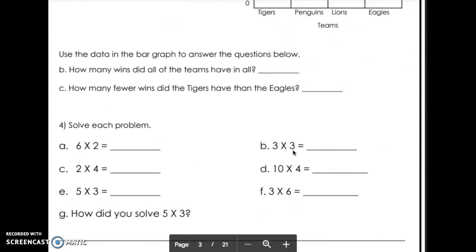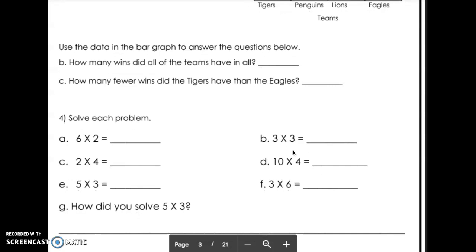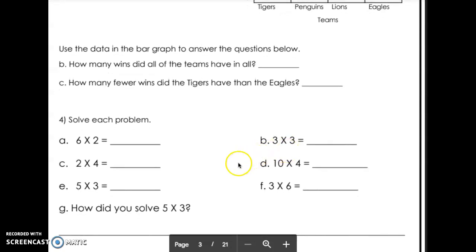Then at the bottom, don't freak out. This is multiplication, but you can do this. 6 times 2 is the same as 6 plus 6. 2 times 4 is the same as 4 plus 4. 5 times 3 is just like 5 plus 5 plus 5, or count by fives 3 times. 3 times 3 is just like 3 plus 3 plus 3.